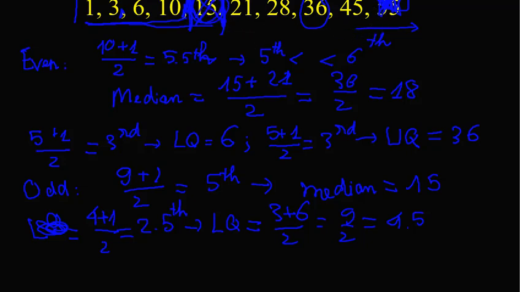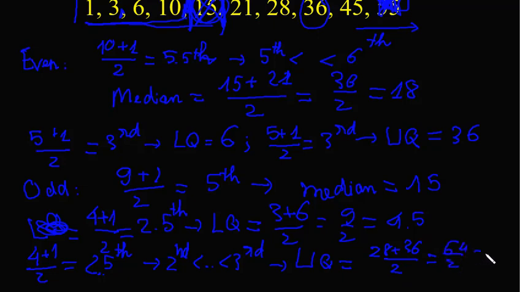We have a new data set and we find the median of this data set to find the upper quartile. (4 plus 1)/2 equals 2.5, so the location is in between the second and the third one. So the upper quartile is (28 plus 36)/2, which is 64/2, or 32.